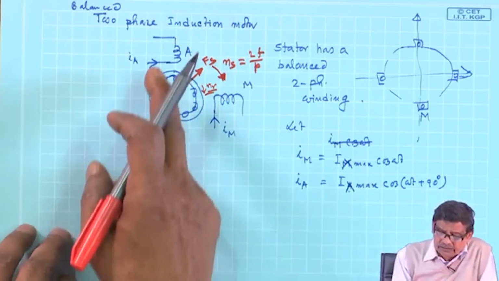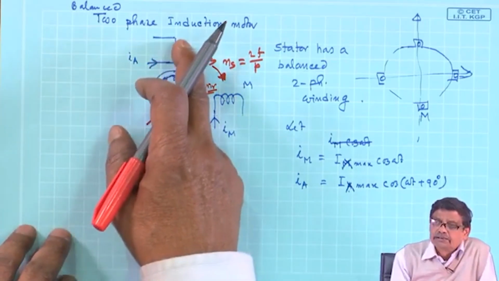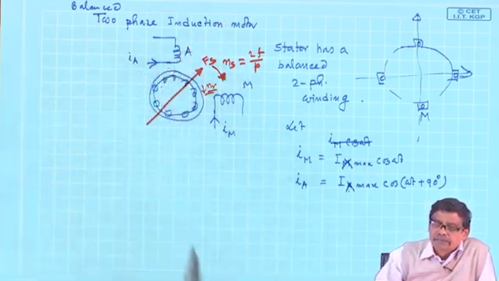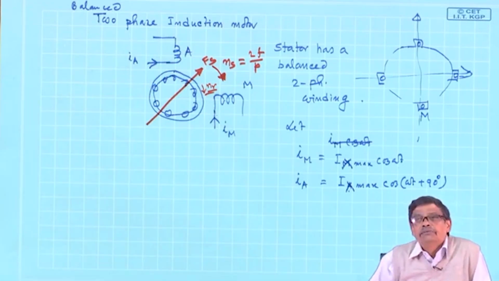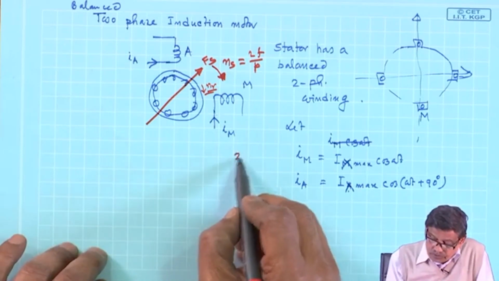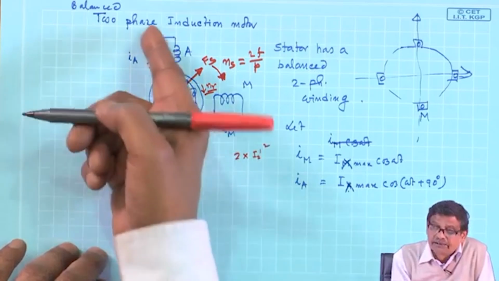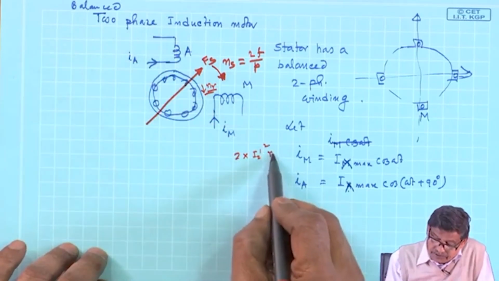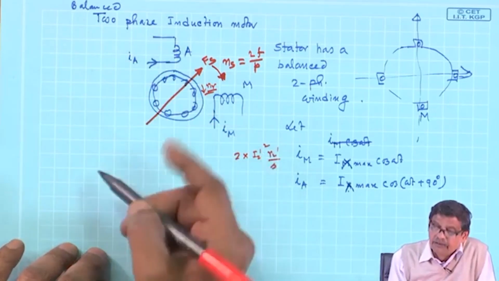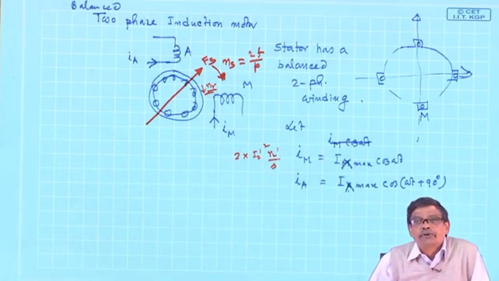Okay? This I 2 dash squared R 2 dash by S into 2 will give you the air gap power, that is 2 into I 2 dash squared, meaning the reflected current squared, into R 2 dash by S, will give you the torque produced in the machine, and so on.